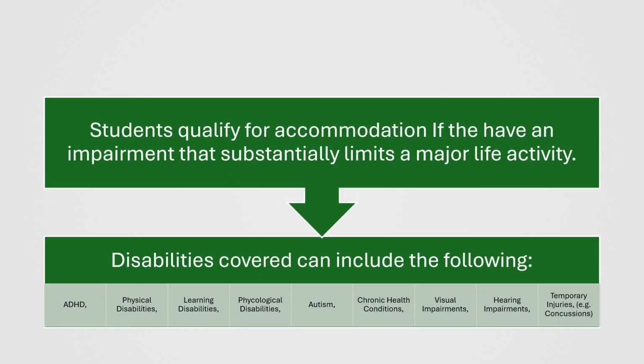Now, for those of you who are thinking, well, I don't have a permanent condition, I don't know if I need this, we also provide assistance to individuals who come to the university and need temporary accommodations for injuries. So if you're playing a club sport or a Division I sport and you get a concussion, we can provide temporary assistance. If you're playing intramural basketball and you break your thumb or you fall off of a skateboard, we can help you with accommodations.